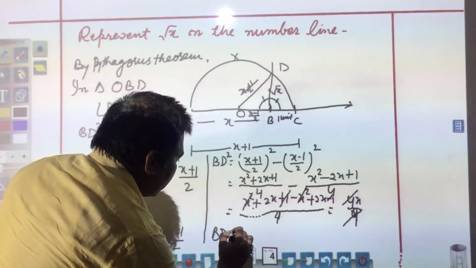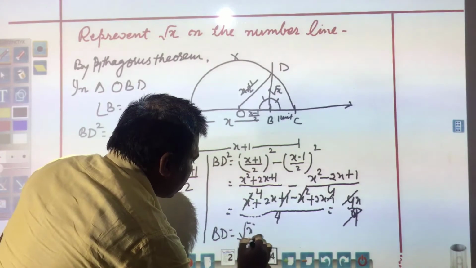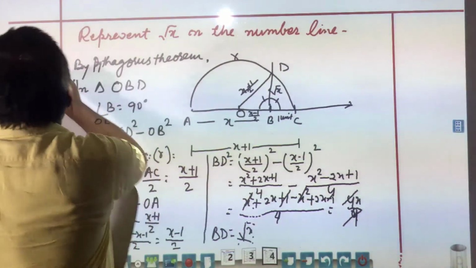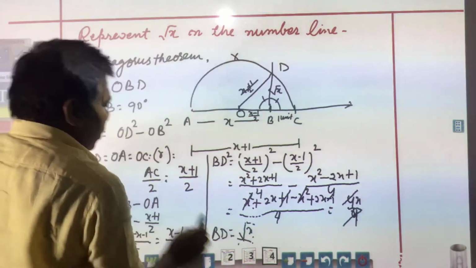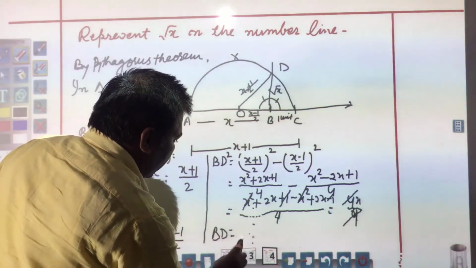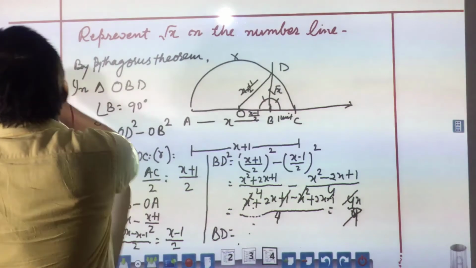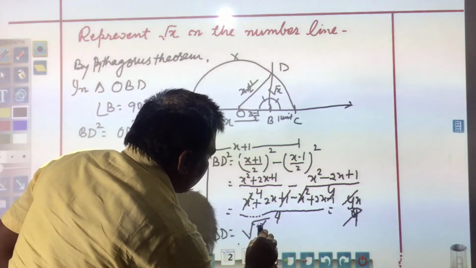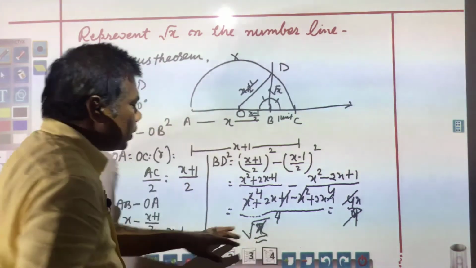Finally, BD is equal to root under x. So, this you wanted to find out, how you got root x, you understood.